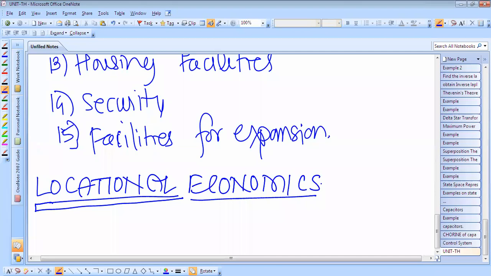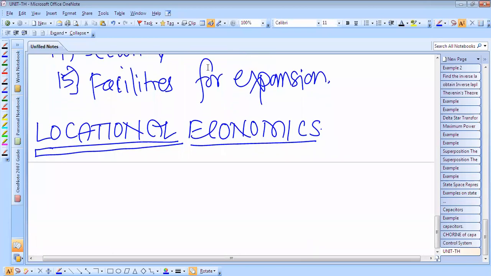So these costs are influenced by a number of factors, and the various costs which decide the locational economy are as follows. So locational economics, first factor will be the land.